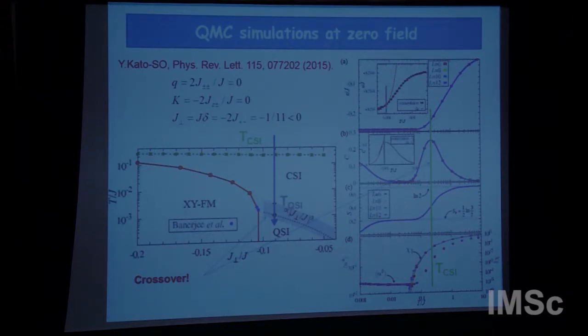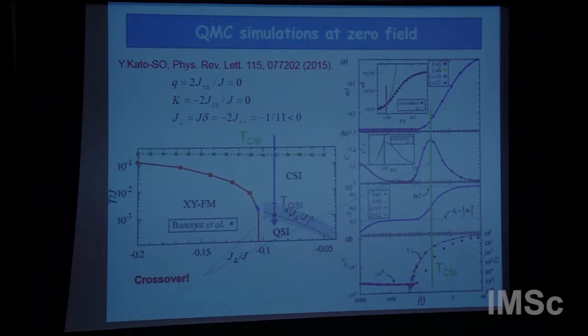The evidence that this should be a crossover is actually already obtained here. Namely, we changed the system size from L equal to 6 to 12, but the curve doesn't change.